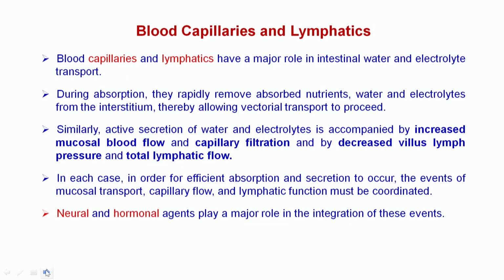Now coming to the blood capillaries and lymphatics. The blood capillaries and lymphatics have a major role in intestinal water and electrolyte transport. During absorption, they rapidly remove absorbed nutrients, water and electrolytes from the interstitium, thereby allowing the transport to proceed.